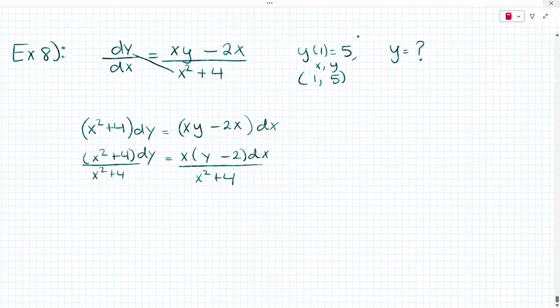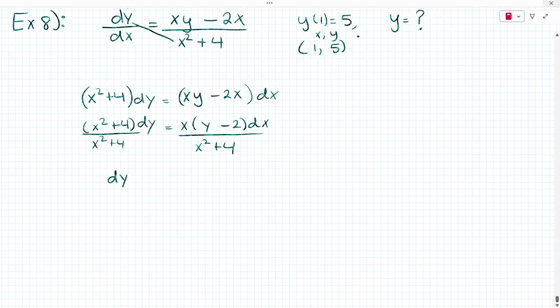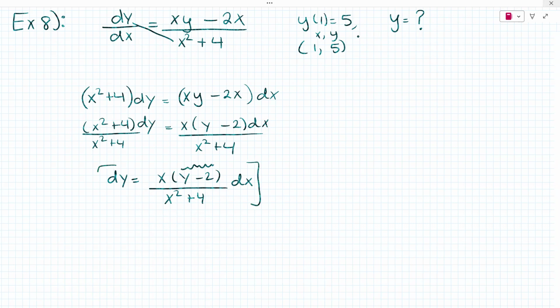Okay, so now you have dy equals x(y minus 2) over (x squared plus 4) dx. Now I want to get all the y's on one side and all the x's on the other, so let's get rid of this y minus 2. And to do so, I'm going to have to multiply both sides by 1 over (y minus 2), right?